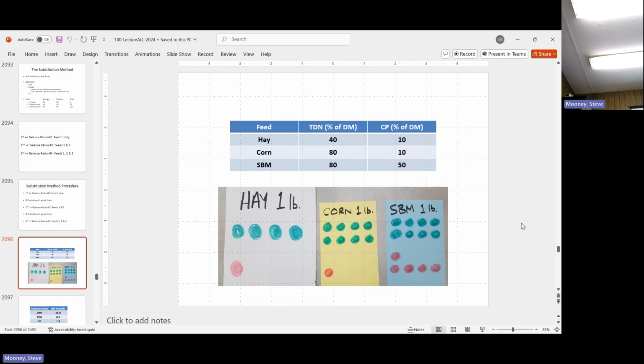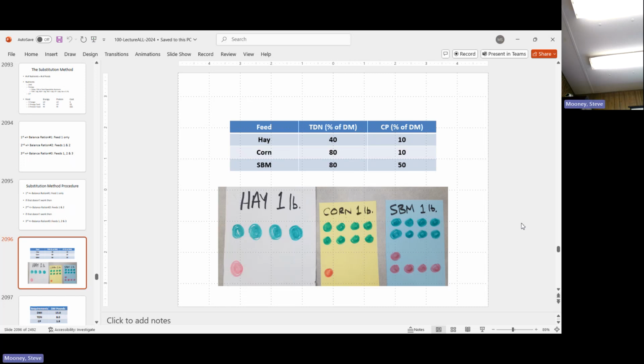We move over to our corn. 1 pound of corn dry matter is going to be 80% TDN. So how many pounds of TDN am I going to have in 1 pound of corn dry matter? 8 tenths. 1, 2, 3, 4, 5, 6, 7, 8. 8 tenths of a pound in 1 pound.